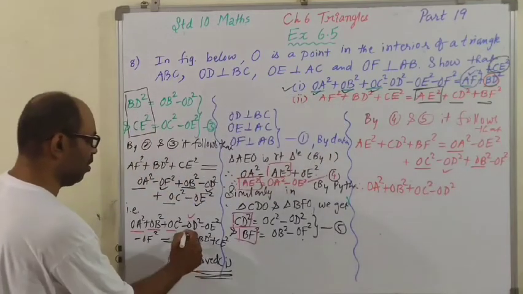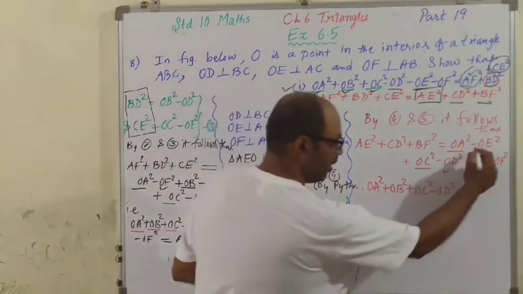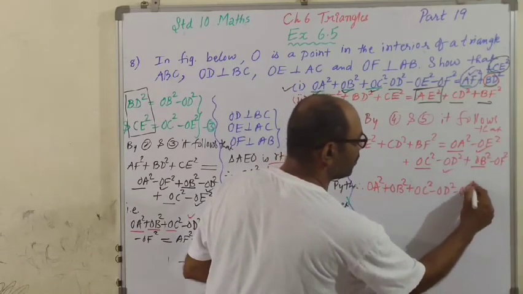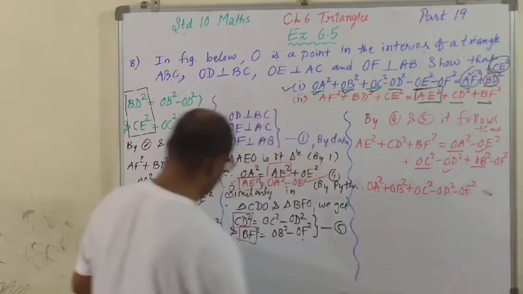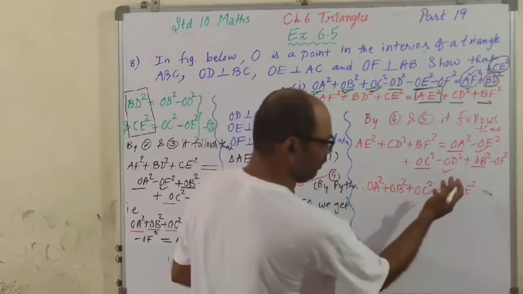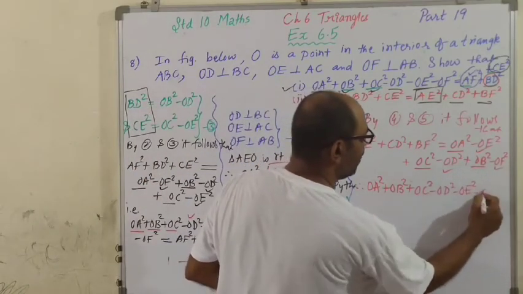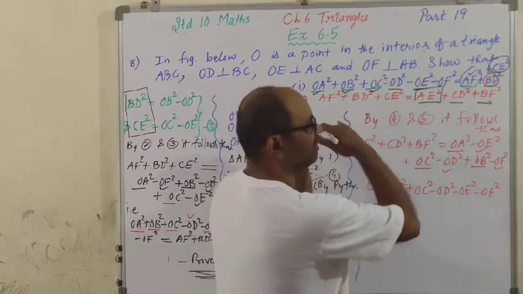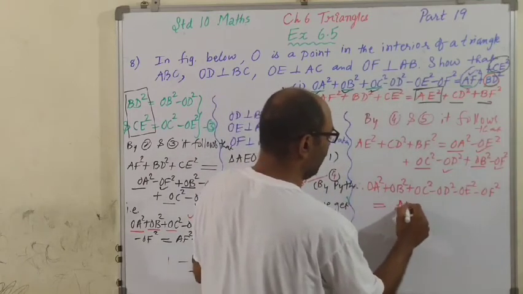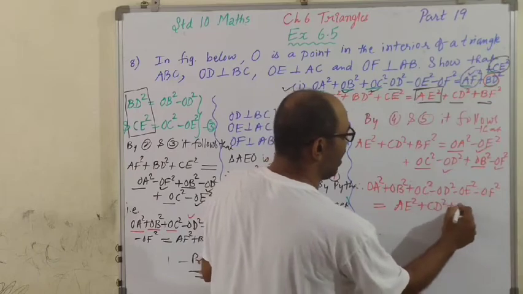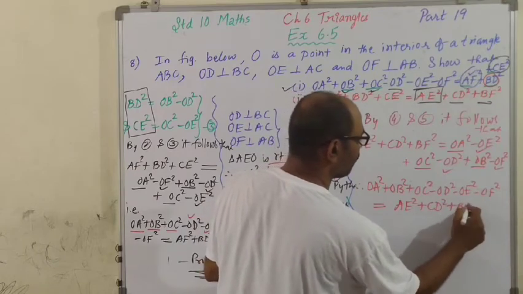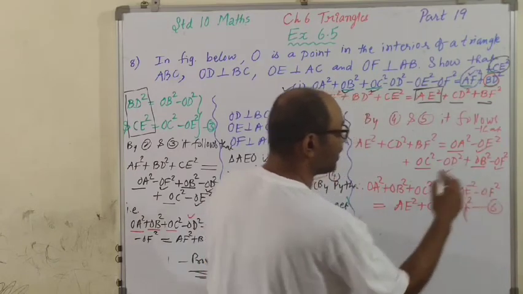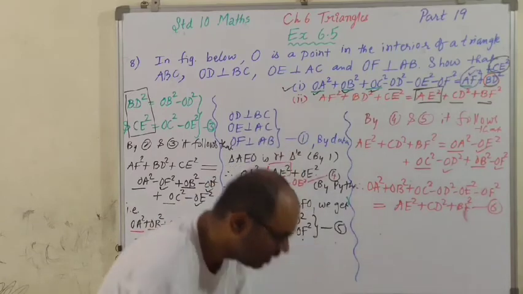Then minus OE square, here is minus OE square. Then what is left now? Only one thing is left: minus OF square is equal to AE square plus CD square plus BF square. This is result 6.